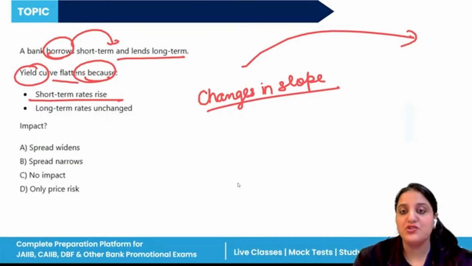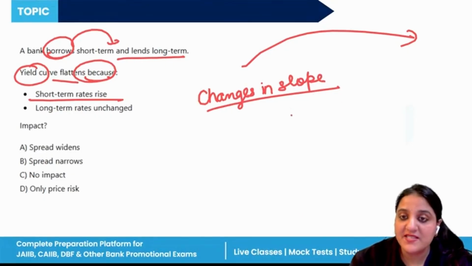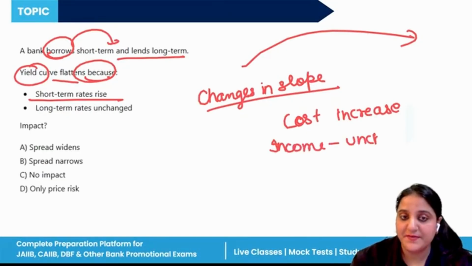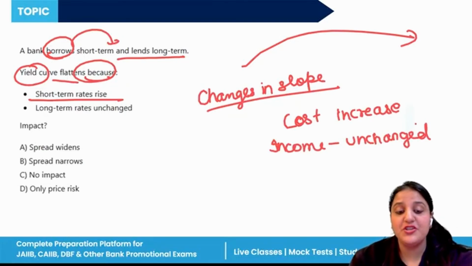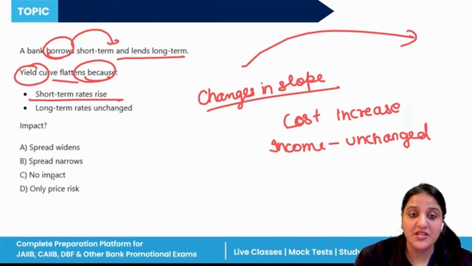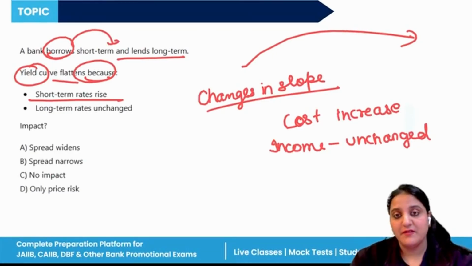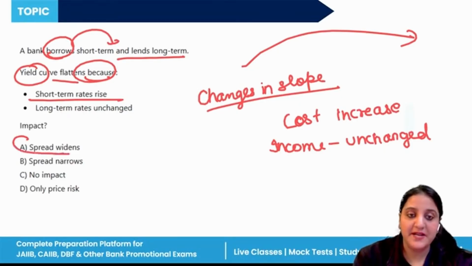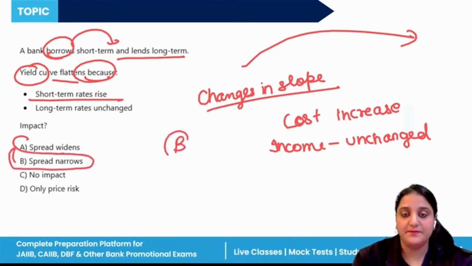If a bank borrows short term and lends long term, and the yield curve flattens, then cost is increased and income is unchanged, which basically means the net interest margin will obviously shrink. So the spread narrows in that case.